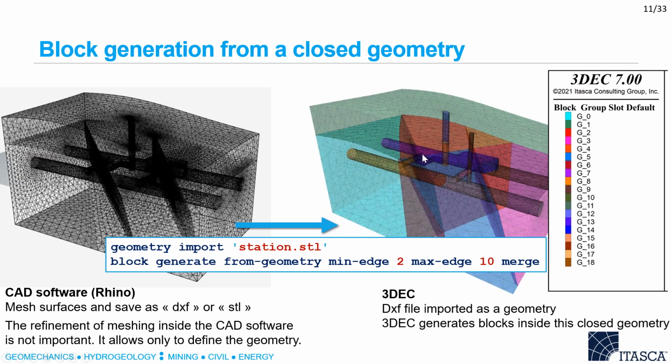So we have a global control of the meshing of this model. We can specify the minimum edge and the maximum edge length. And using this command, we cannot specify the meshing sizes at specific points in the model.